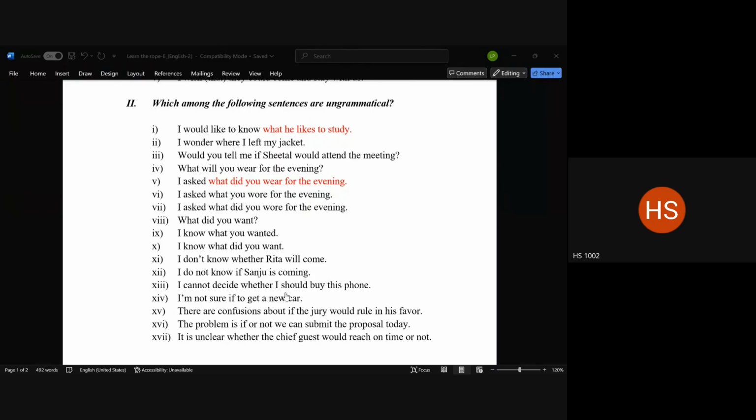So essentially, you can say, I don't know whether Rita will come. This is grammatically correct. And I don't know if Rita will come is also right.